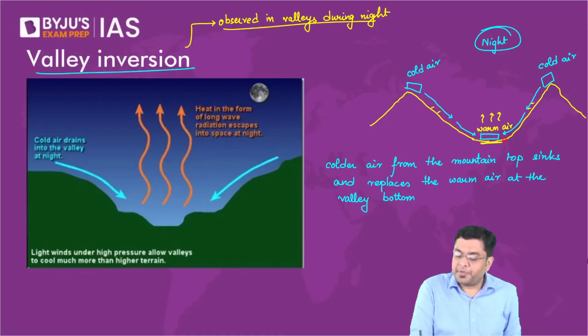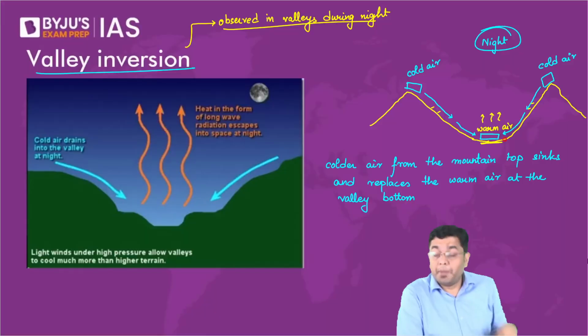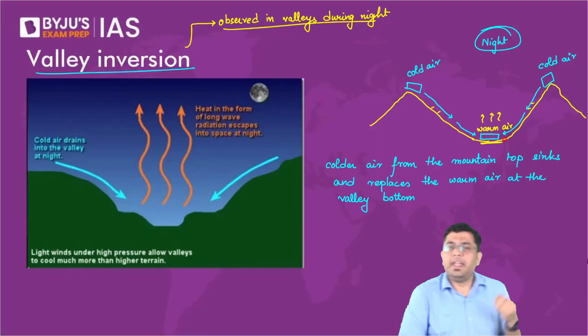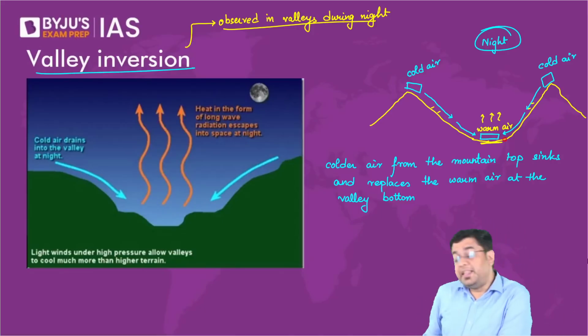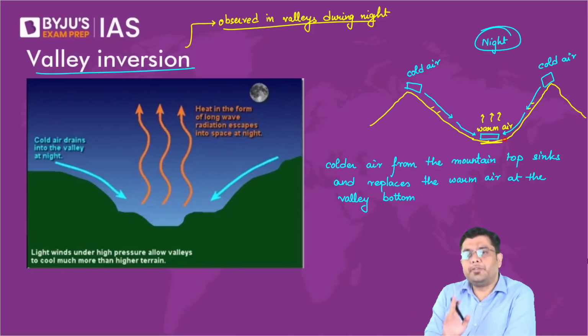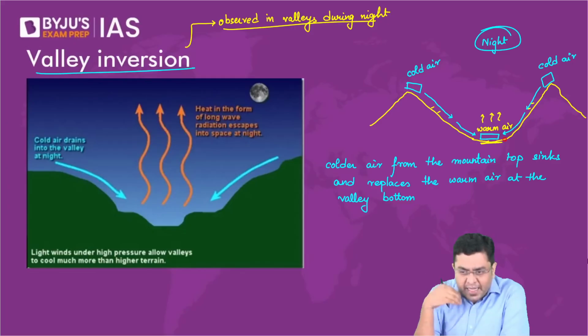Settlements will never be observed at the valley bottom because it gets very, very cold suddenly during the night. Many of the plants die because of sudden frosty conditions. This will happen in the case of closed valleys. If the air is allowed to move freely, then this condition won't be very drastic.